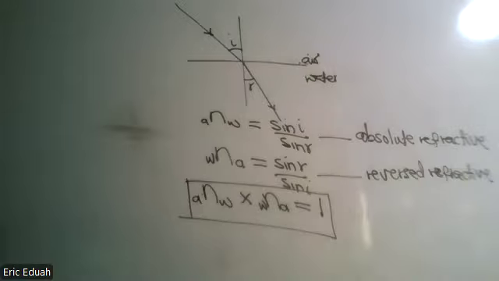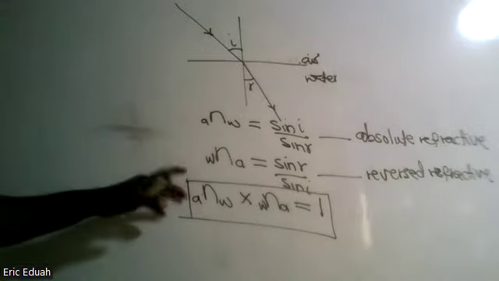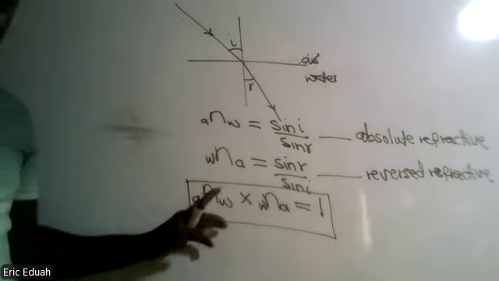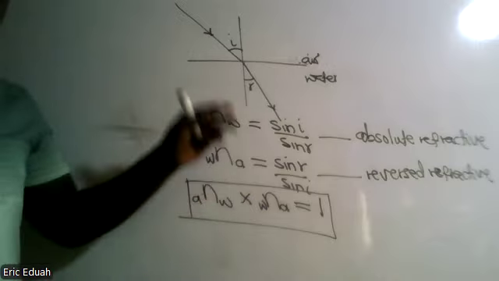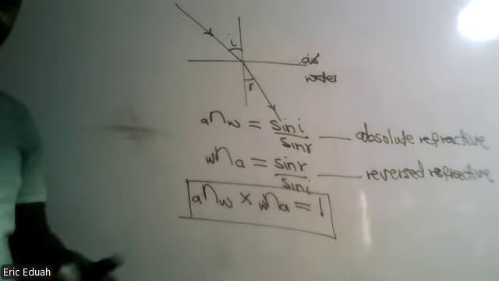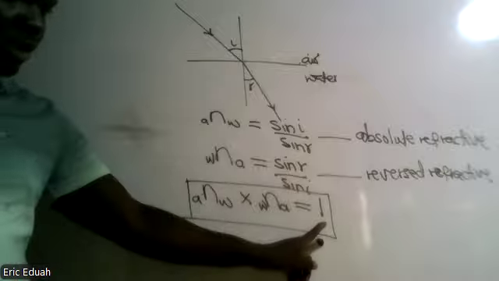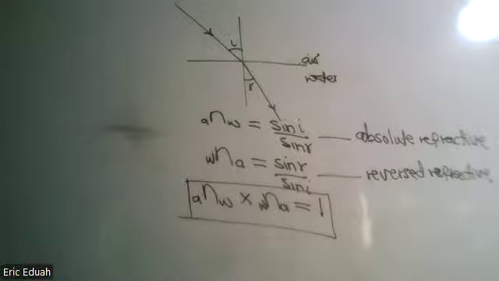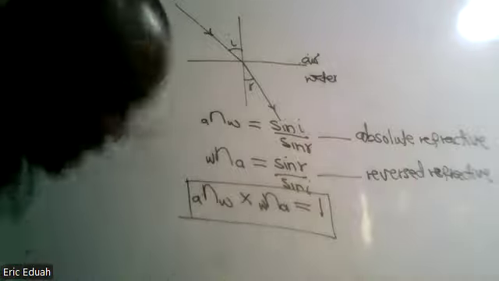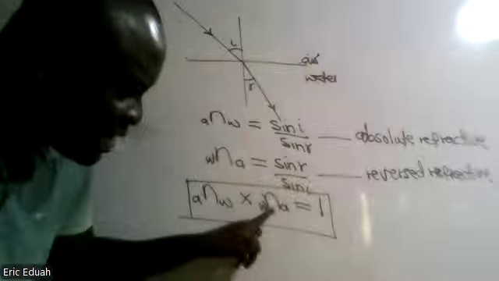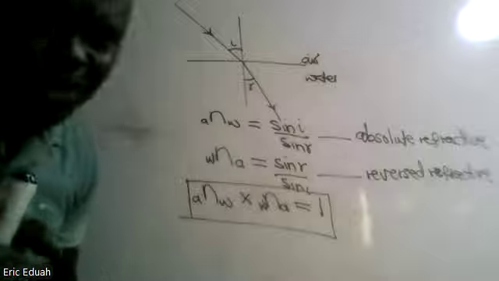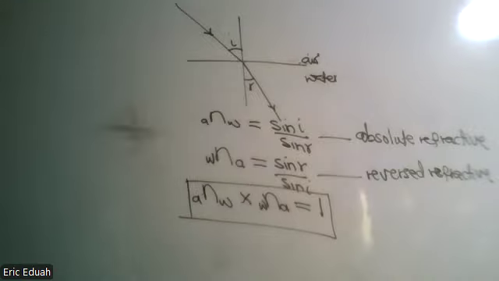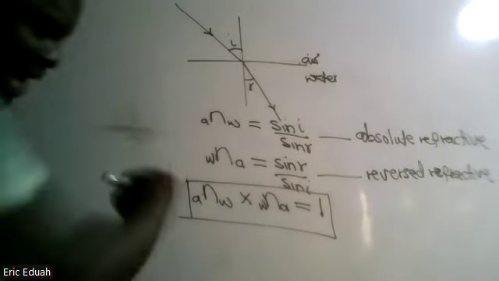So for two composite materials, when you take the absolute refractive index and then the reverse refractive index, the product of these two must always give you 1. Sometimes questions can be tricky. The reverse refractive index of a material can be given to you and you may be asked to calculate its absolute refractive index, or the other way around.